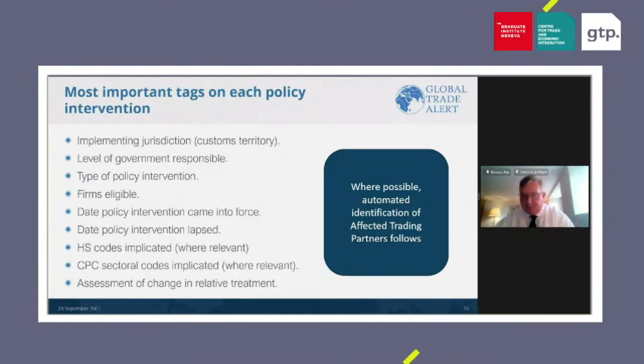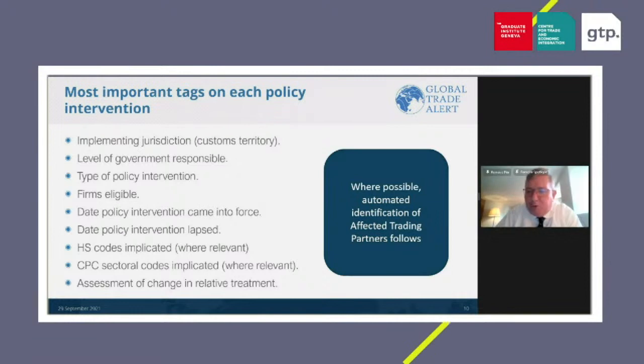Then what we would do is, suppose the tariff increase happened this year in 2021, we would use trade data for 2020 or the latest year available to identify which foreign countries, which trading partners of Switzerland, exported $1 million or more of butter to Switzerland, and these would become the affected trading partners.